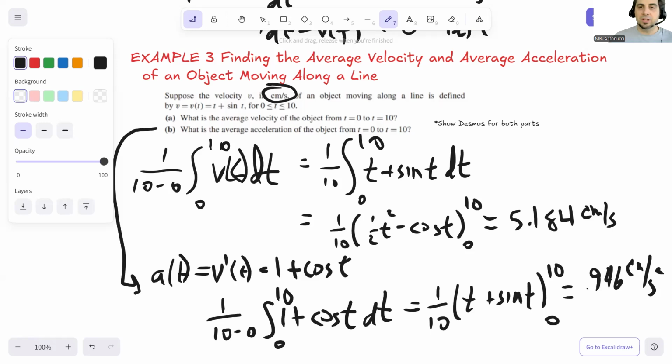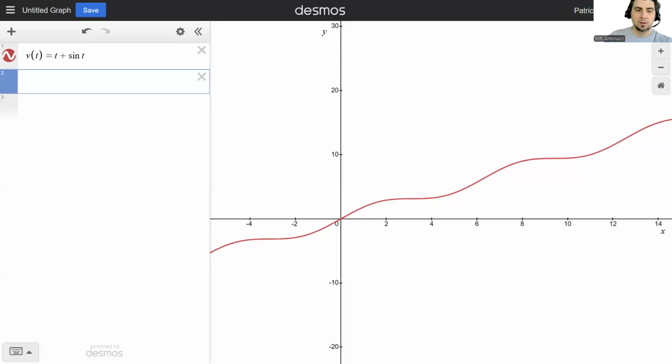Okay, so I want to take a quick second and show you how to do those on Desmos. Okay, so we have our velocity function here, t plus sine t. To get the average velocity, do 1 over 10 minus 0 times int from 0 to 10. Now you could have put 1/10 there, you didn't need the minus 0, but I'm just being consistent with the notation here.